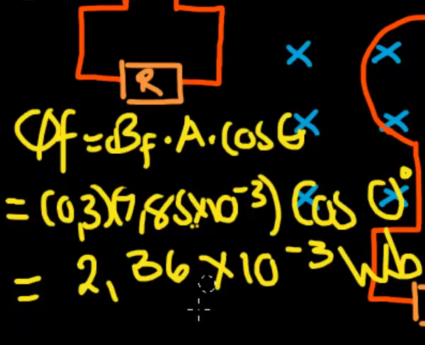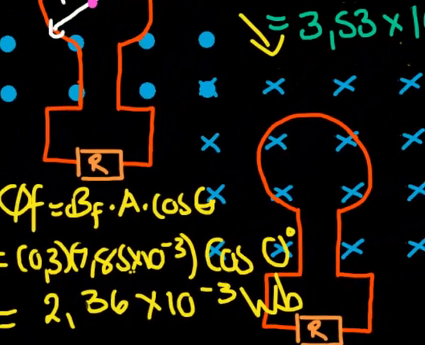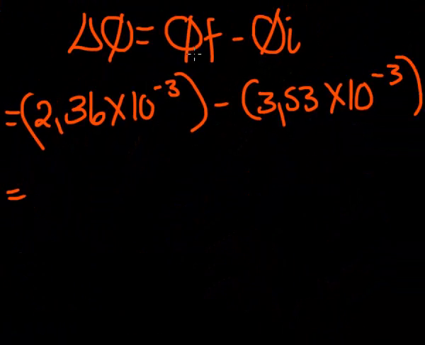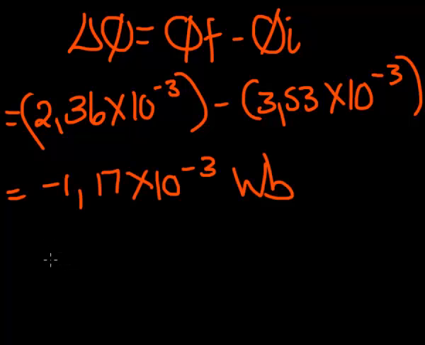Now we're going to make use of my final and my initial values to calculate my change in magnetic flux. Once again, our change in means the final value minus the initial value always, and that ends up giving us a final value for my change in magnetic flux of negative 1,17 times 10 to the power of negative 3.